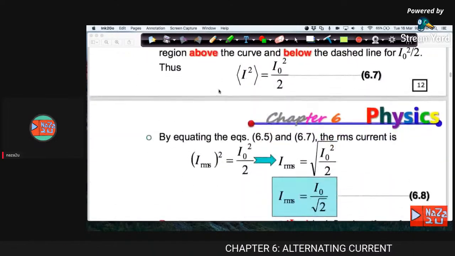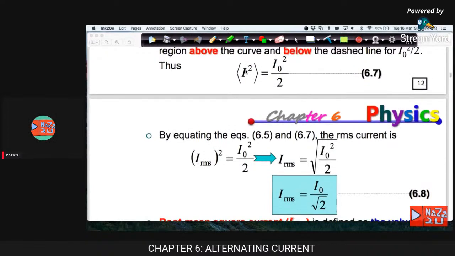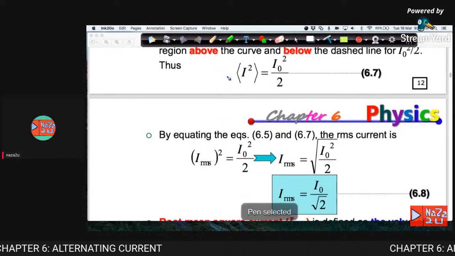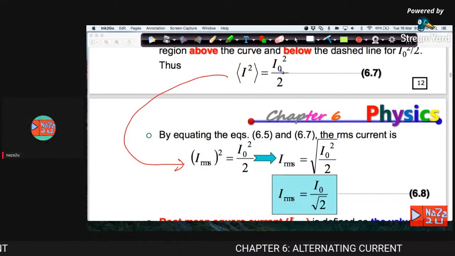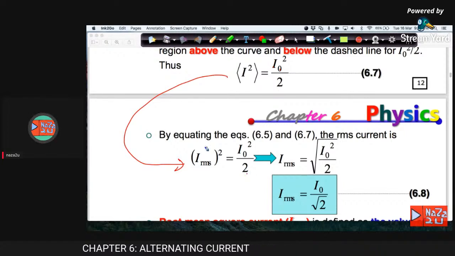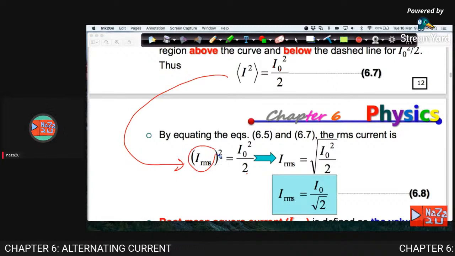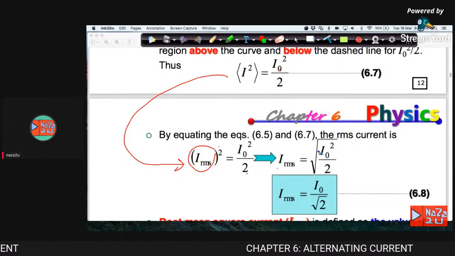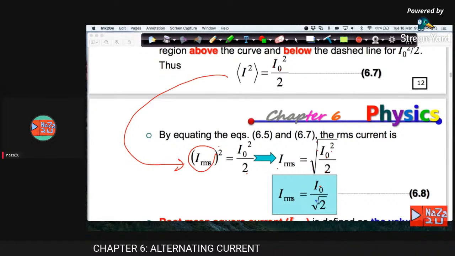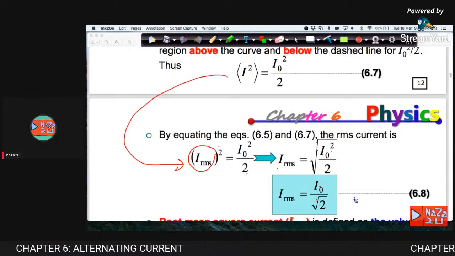I average square ni merujuk kepada I RMS square, sama dengan I0 square per 2. Right? Jadi kita nak mencari I RMS. Jadi I RMS kita square-root, jadi kita akan dapat I0 per root 2. Jadi ini kita dapat rumus.